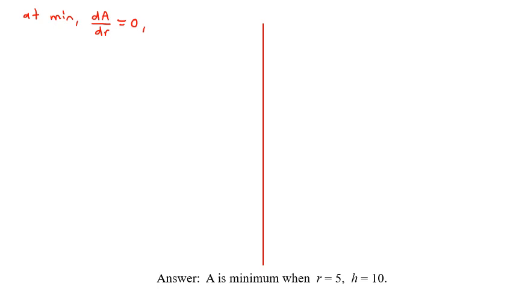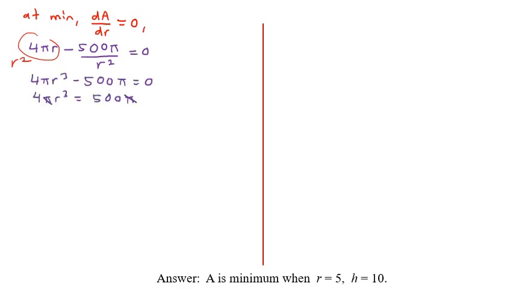So at minimum dA over dr equals 0. We have r squared in the denominator, so we multiply also with r squared. So we got 4 pi r cubed minus 500 pi. This r squared we bring to the right hand side, and 0 multiplied with anything is also 0.